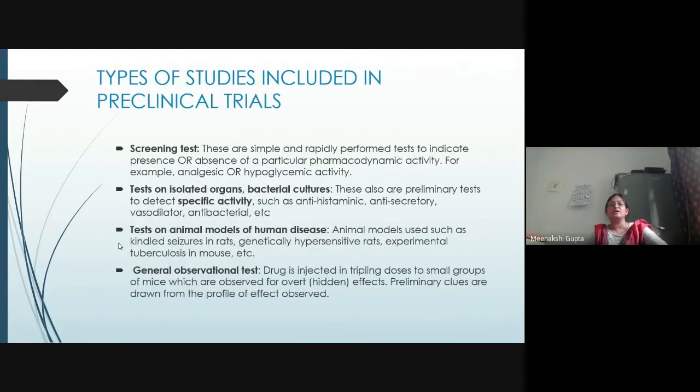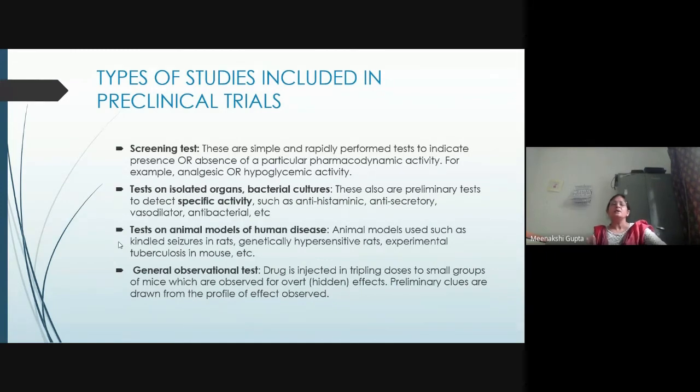First is the screening test. These are simple and rapidly performed tests to indicate the presence or absence of a particular pharmacological activity, for example, analgesic and hypoglycemic activity.